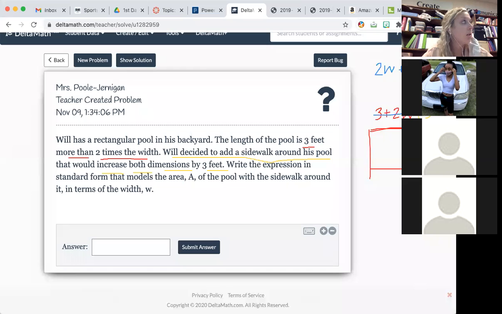And then what's the width end up being? W plus 3. Good.